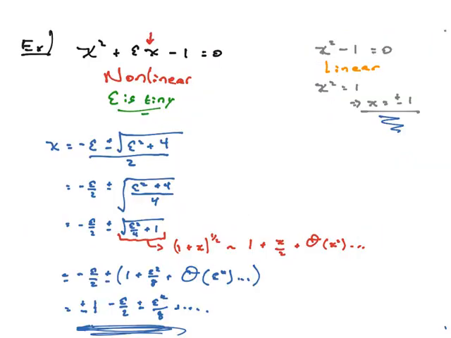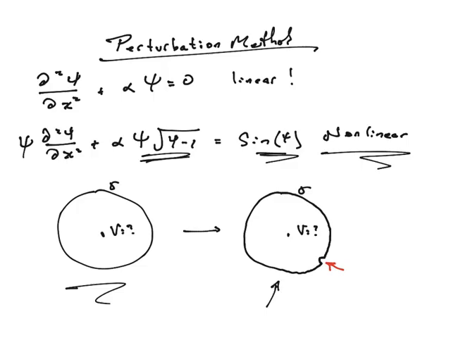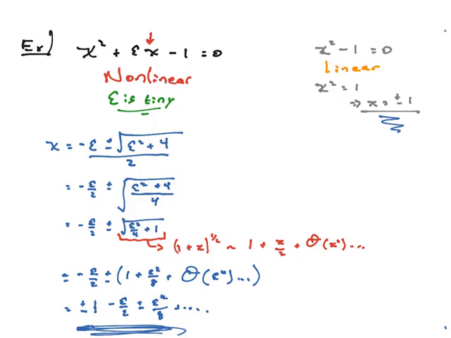You take a problem that you don't know how to do, one of these nonlinear type equations like this, or like this, and you say, well, that piece that's nonlinear, the piece that makes this difficult, if it happens that that piece is pretty small, so it doesn't affect your system too much, it's not of the same level as the system as a whole, then we could use perturbation.